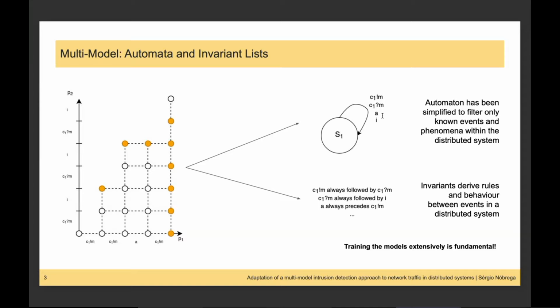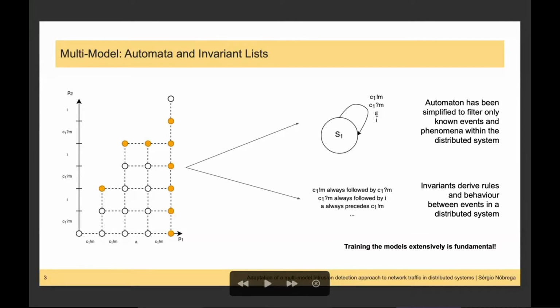We have decided to do a simplification. So the most absurd simplification you can do, that is to reduce the automaton to one single state. And this single state accepts all the events that are known for the system. So in this case, the events are just the sending and the receiving of the messages through channel 1.